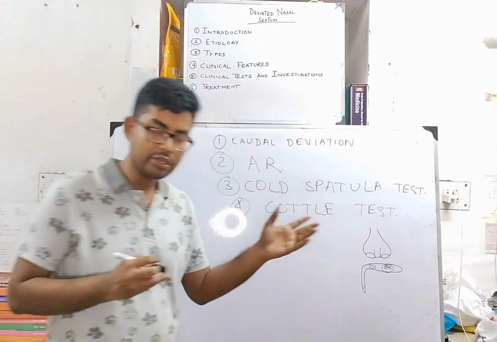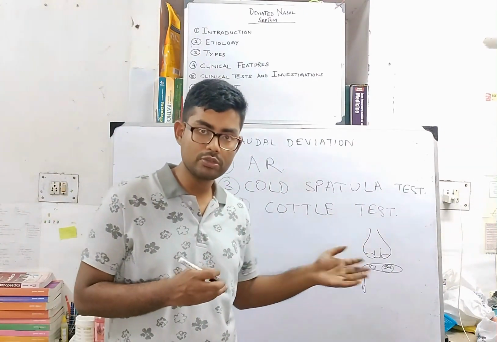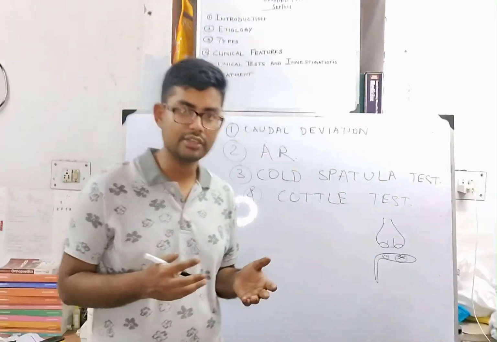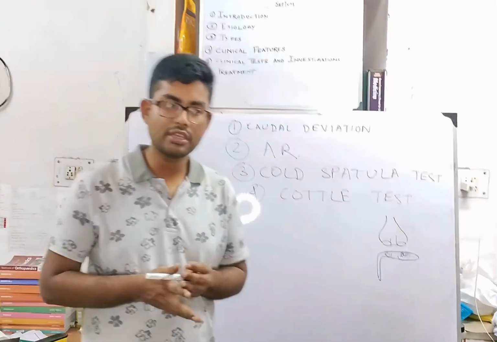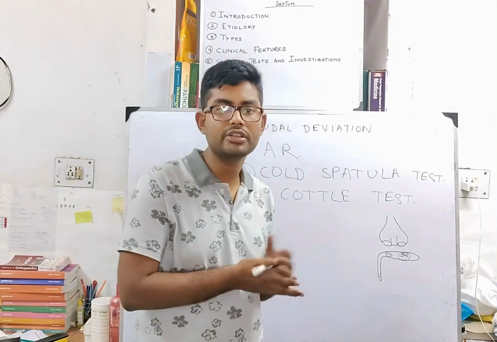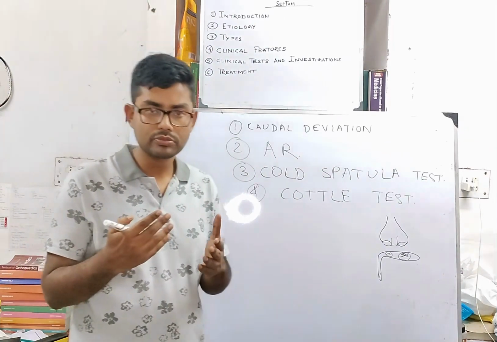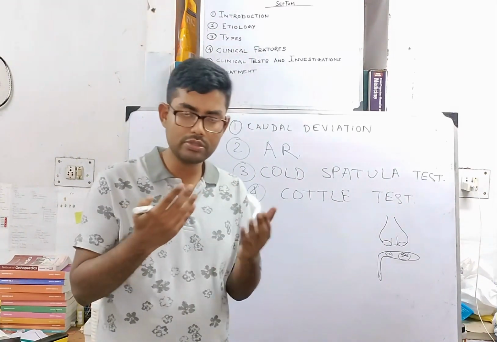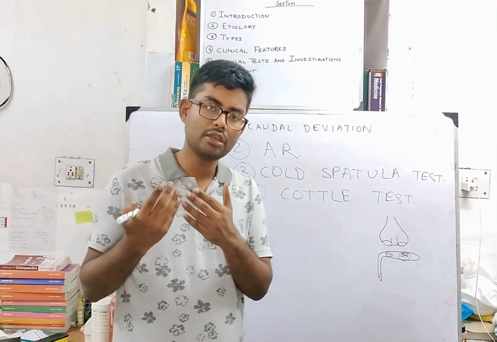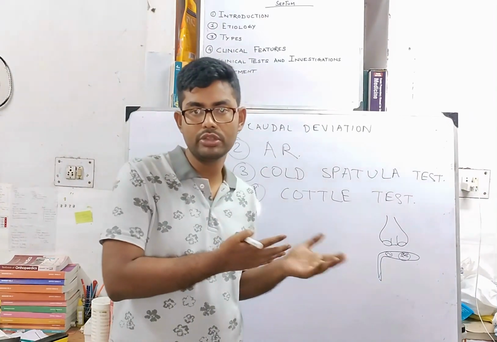Now, an important thing to remember about the cold spatula test is the nasal cycle. So what is the nasal cycle? Even if there is no deviated nasal septum, the airflow may reduce in one nostril and it will be more in the other.